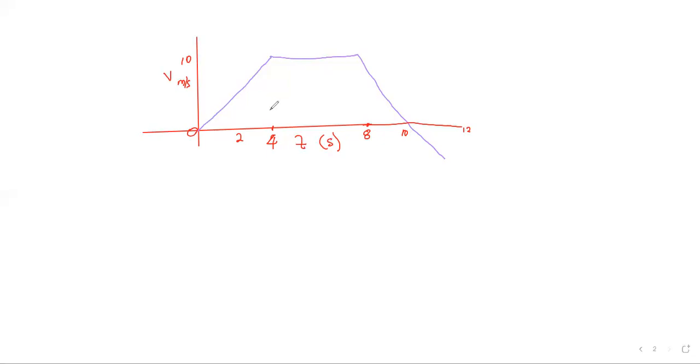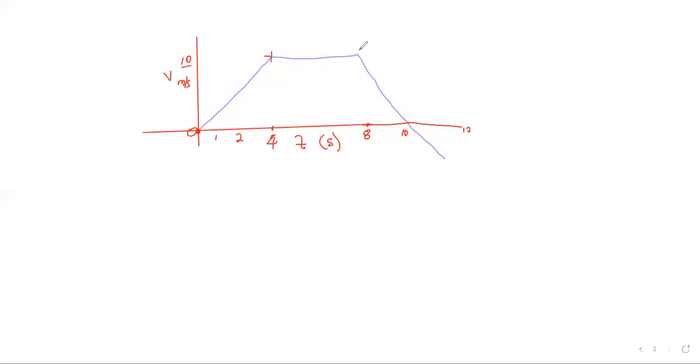Now, if we have to interpret what is actually taking place here, I hope you appreciate that at t is 0, the v of the object is 0. As time increases, v increases up until it reaches 10.